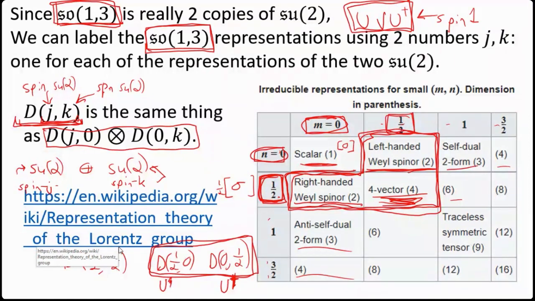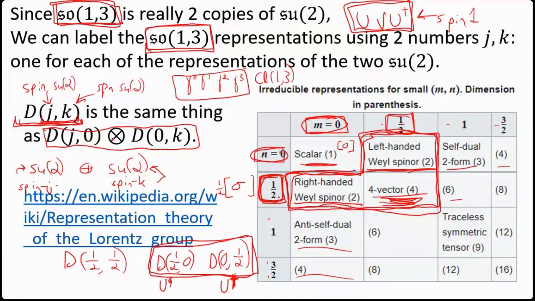The gamma 0, 1, 2, 3, 4. 4, no, not 4. I'm not sure I followed you there. This is the Clifford algebra, this is Cl(1,3). Yeah.